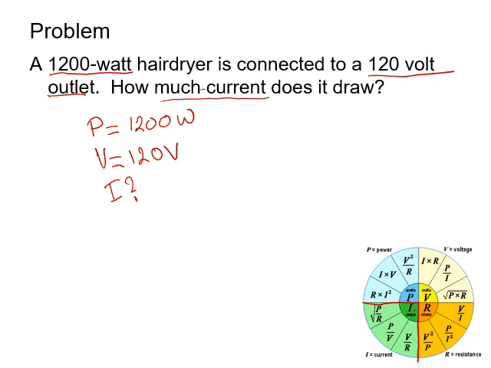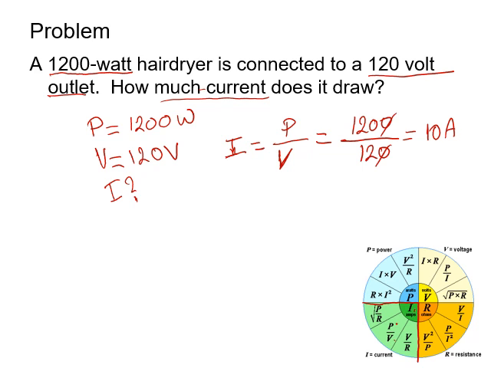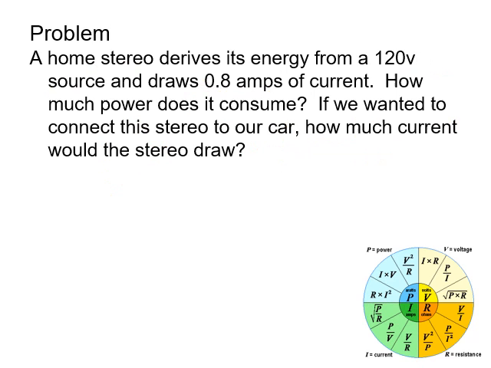And I have P, and I have V. So then I can say that I is equal to P over V, which is going to be equal to 1200 divided by 120, which if you can cancel these out, then 120 divided by 12 is 10 amps. Okay, let's do the next problem.